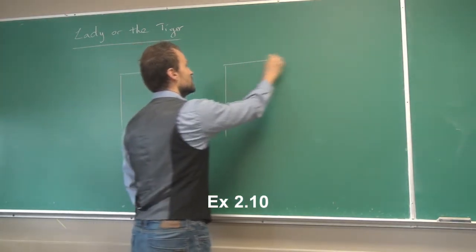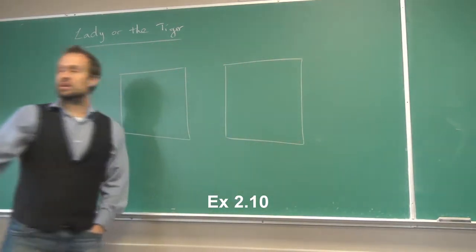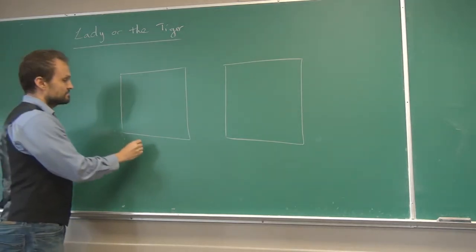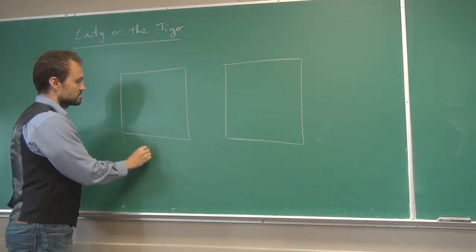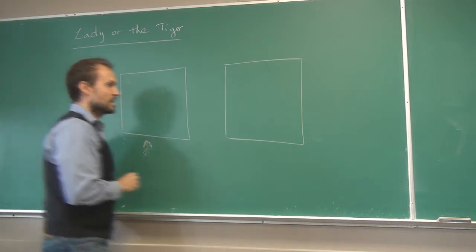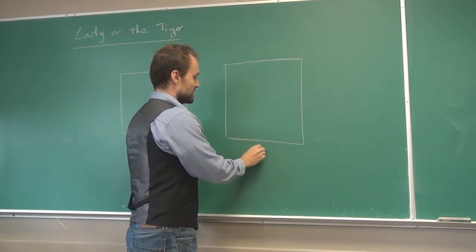door number 1 and door number 2, and there are clues written on the doors to help us determine what is behind them. There could be a lady. Or a tiger. This will be embarrassing.